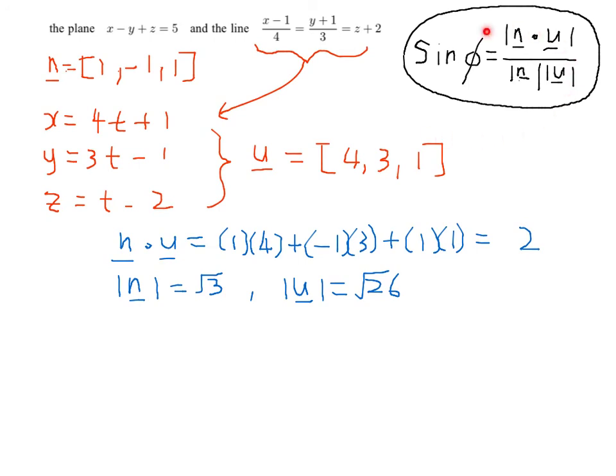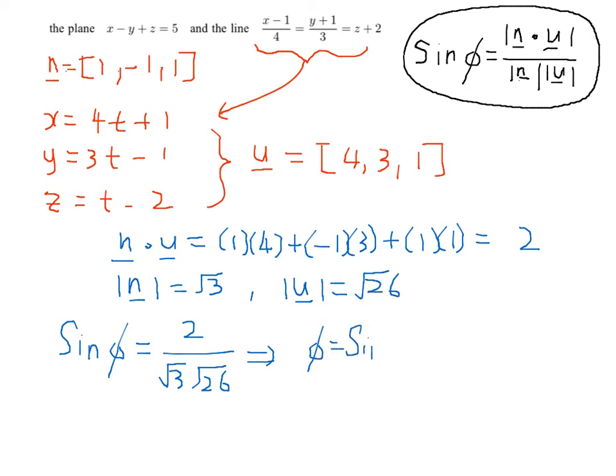So again, just by using the formula, then you have sine phi, where phi is the angle between the line and the plane. You have 2 over surd 3 and surd 26. In other words, phi will be the inverse of sine of that. And just the usual calculations, get a calculator. You will get approximately 13.1 degrees.